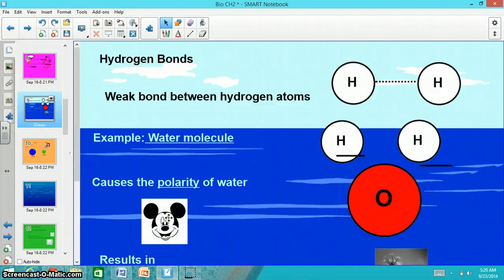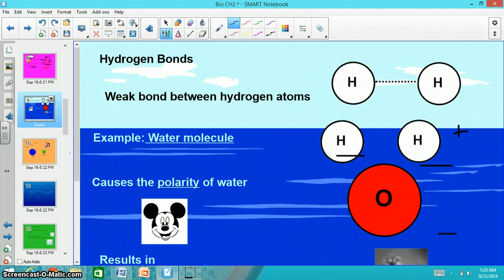And when that happens, it causes polarity. Okay, that's a charge. So the hydrogen ends up having kind of a positive charge on its end, and the oxygen has a negative charge. And so this oxygen is going to be attracted to the hydrogen side of another water molecule.